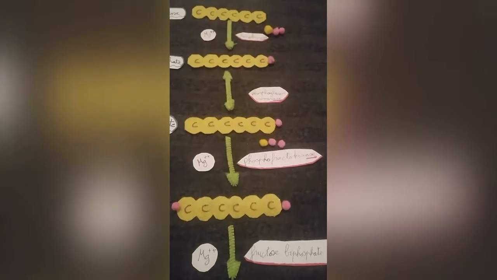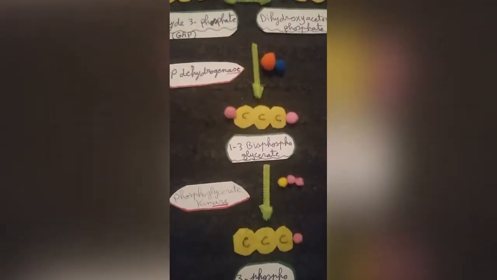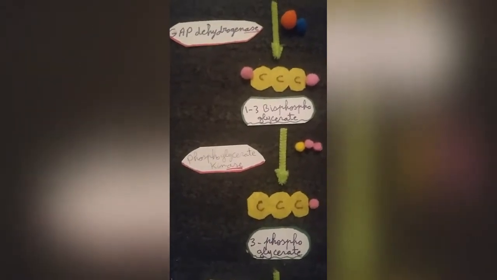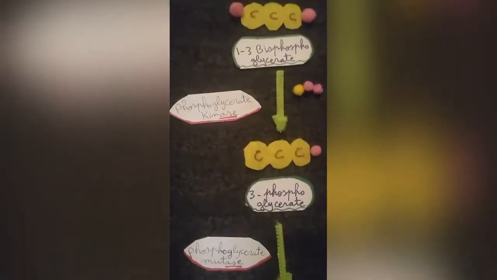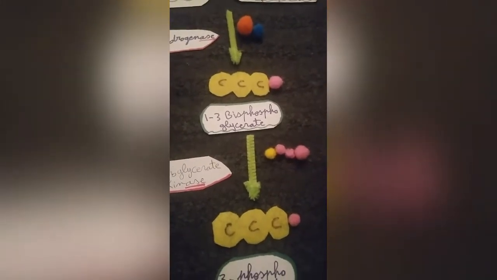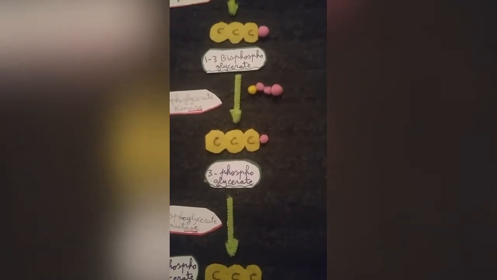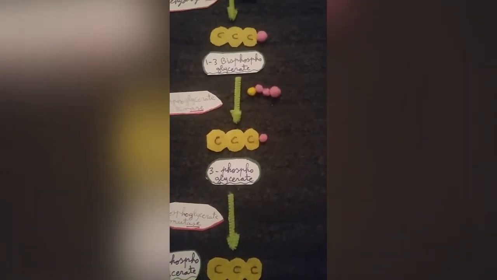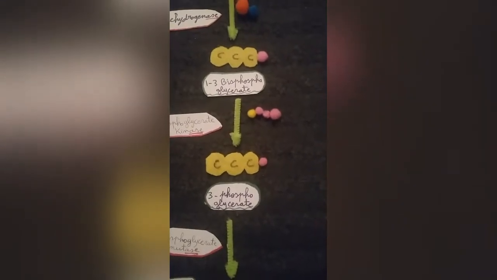So we will subtract at the end the 2 ATP from the 4 ATP to obtain 2 ATP as a final result. Using phosphoglycerate kinase, this will take 1 phosphorus from this compound, dephosphorylation, and we will obtain this ATP. This is our first ATP.